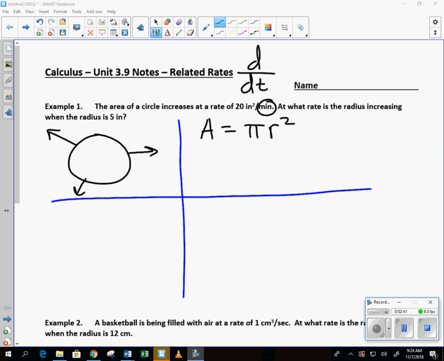So in the second box is where I like to write down my formula, and I also like to write down a few of my knowns and my unknowns. For example, do you know the current radius? What is it? It's 5. Do you know the rate at which the radius is changing?